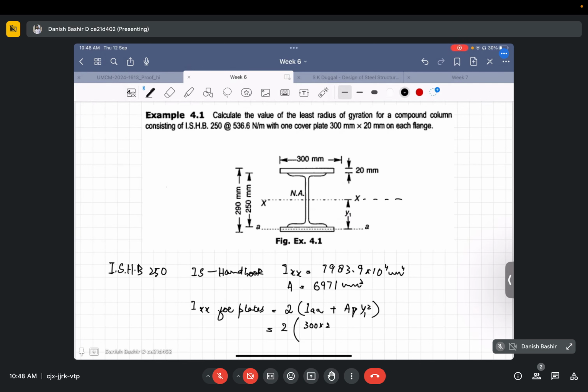300. D is 20. Depth is 20. Q by 12. Plus AP. What is AP? This is 300 times 20, the area of the cross section. Y1 is how much? It is half of 250.